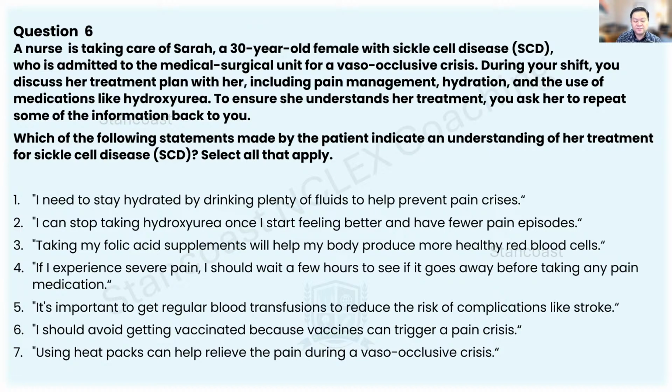During your shift, you discuss her treatment plan with her, including pain management, hydration, and the use of medications like hydroxyurea. To ensure she understands her treatment, you ask her to repeat some of the information back to you. Which of the following statements made by the patient indicate an understanding of her treatment for sickle cell disease?